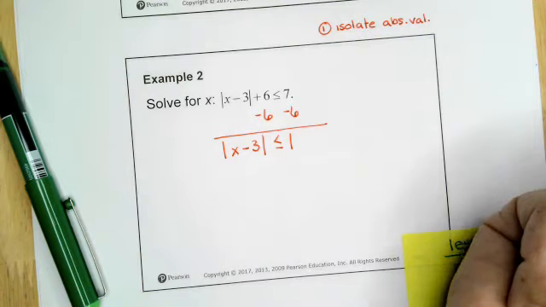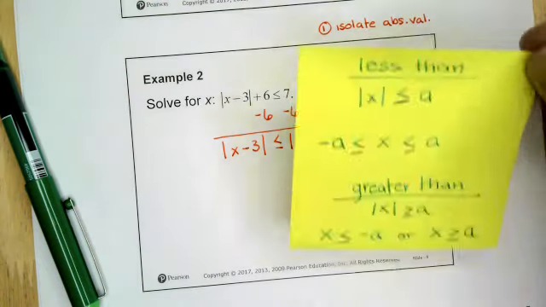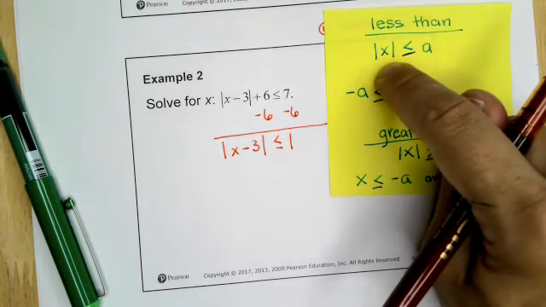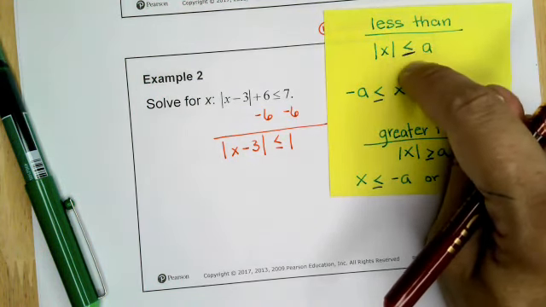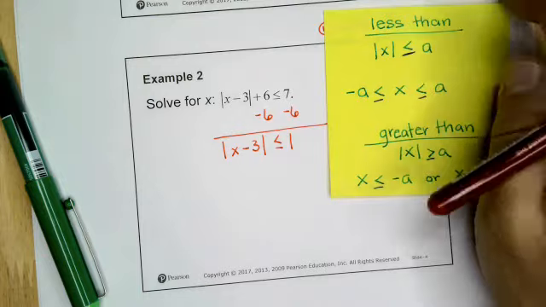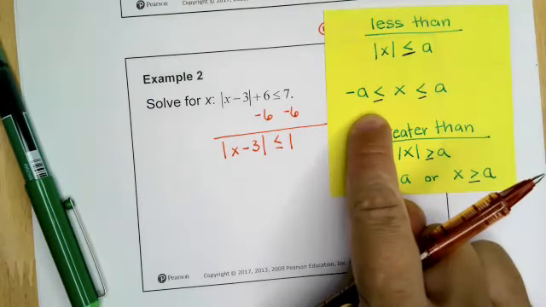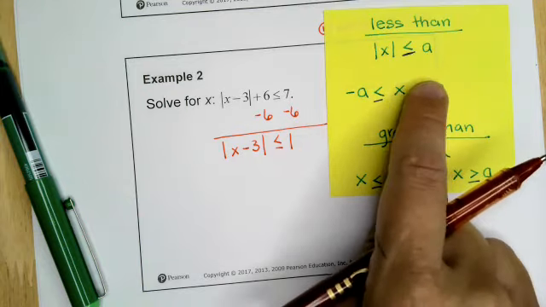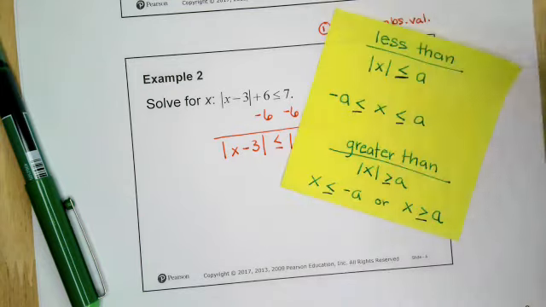Now I can apply the rule. Absolute value is less than or equal to a. So that means I need to rewrite it as negative a less than or equal to x less than or equal to a.